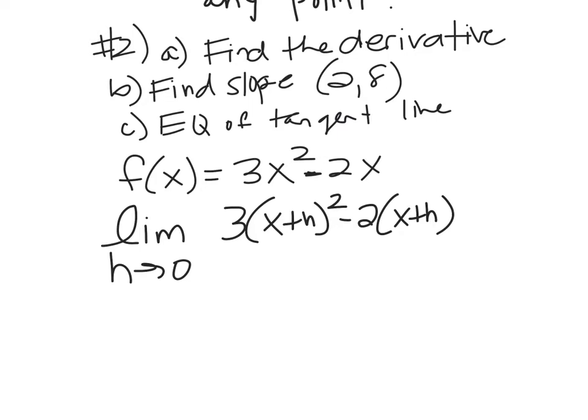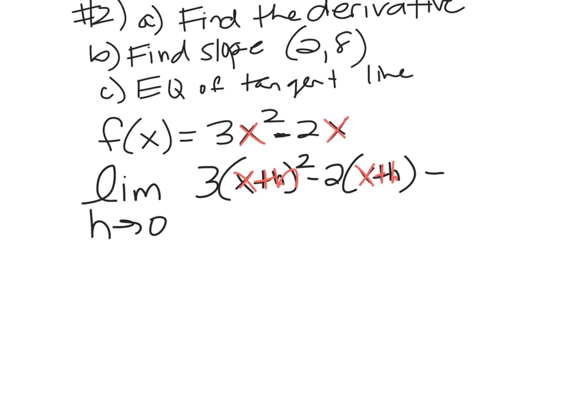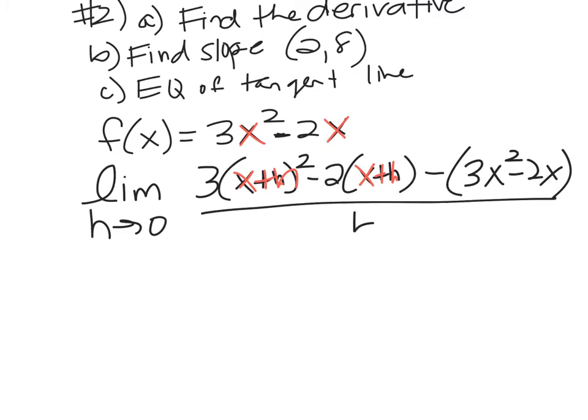Like if I wanted to find what f of 2 was, I would plug in 2 for this x and this x. Now I'm just replacing it with x plus h and x plus h. Okay. Minus f of x. Now be careful here. You have to subtract all of f of x. So if you want to, you can put parentheses around it to remind yourself that I need to subtract both terms, not just the first term, but both of them. Okay? And then this is all over h.